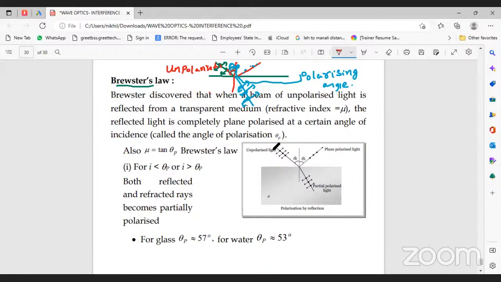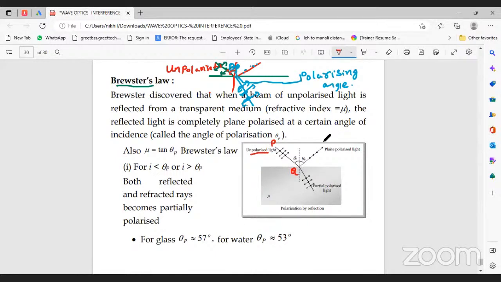Now you can notice this diagram, Ajay. This PQ is the incident ray. This incident ray has both the arrow mark as well as the dot, right? So what type of light is it? Unpolarized.